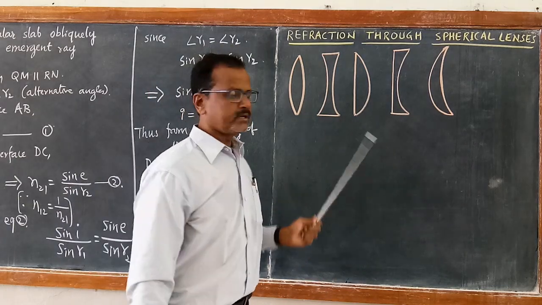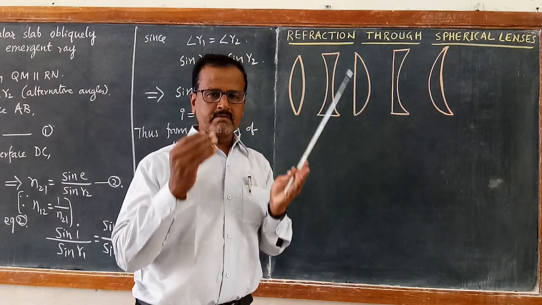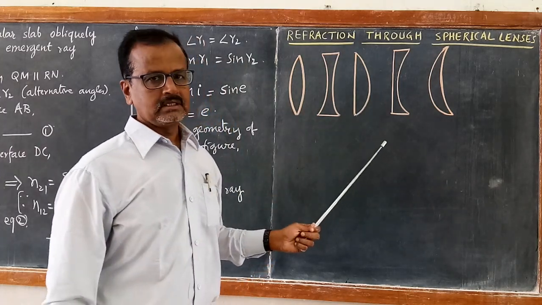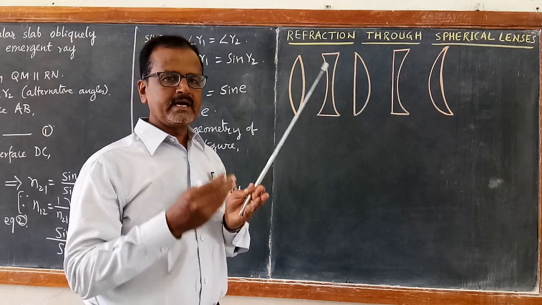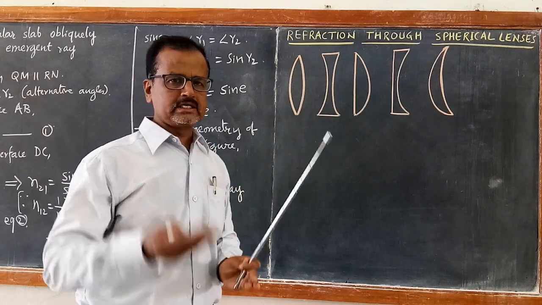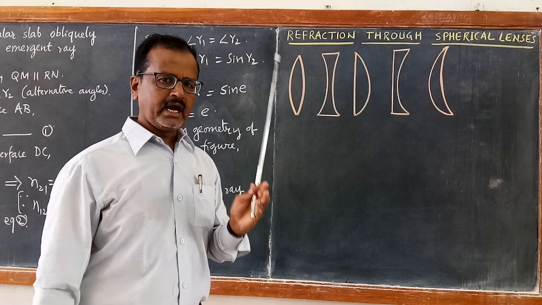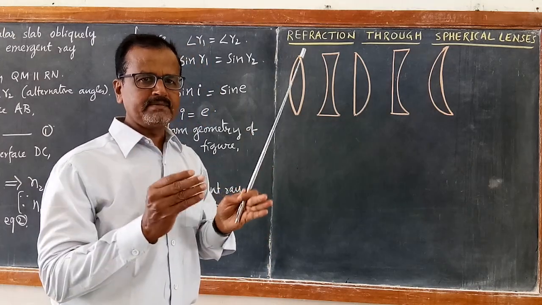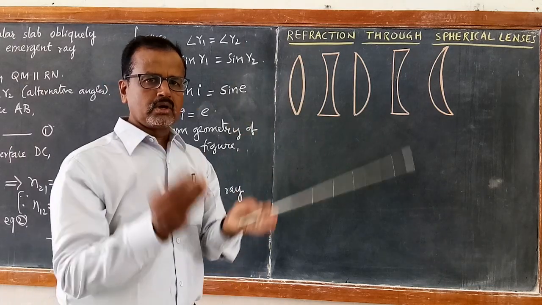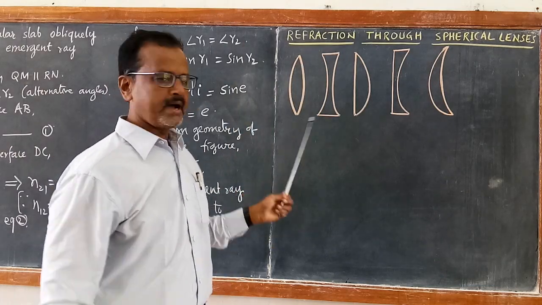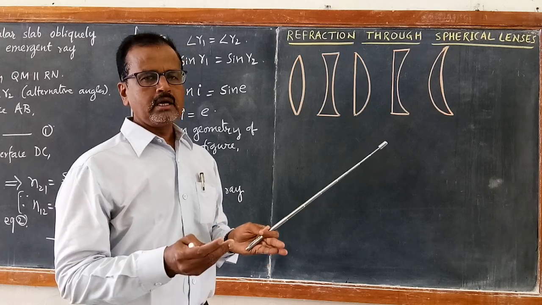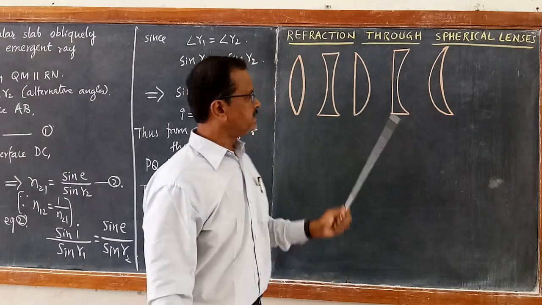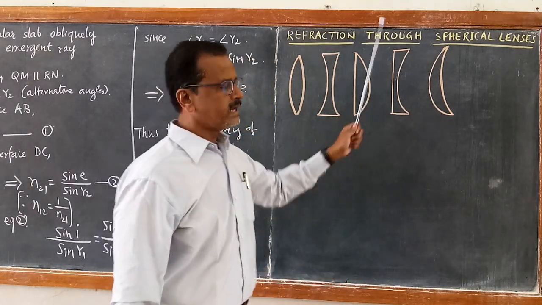A lens is a transparent material which is bound on both sides by spherical surfaces, or at least one side a spherical surface and the other side a plane surface. That is called a spherical lens.